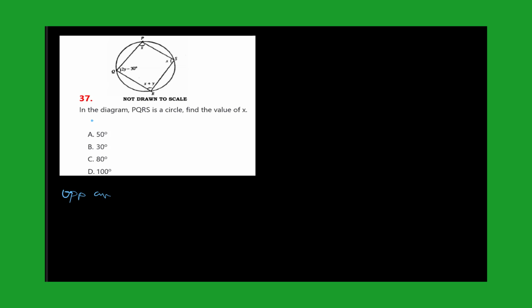Opposite angles of cyclic quadrilaterals are always add up or sum up to 180.